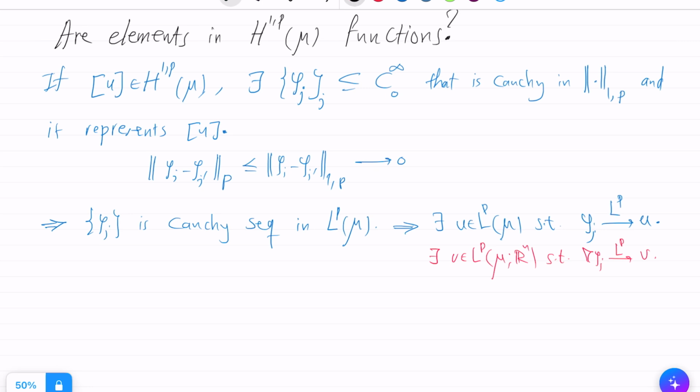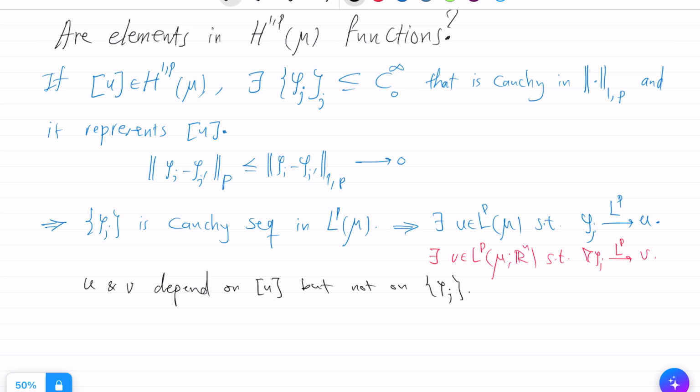You can easily show that this U and V depend on the element, but not on the approximating φj. This is built into the definitions. If you take another sequence that represents [U], the two Cauchy sequences actually come together, and because in Lp, if two Cauchy sequences come together, their limit is the same.